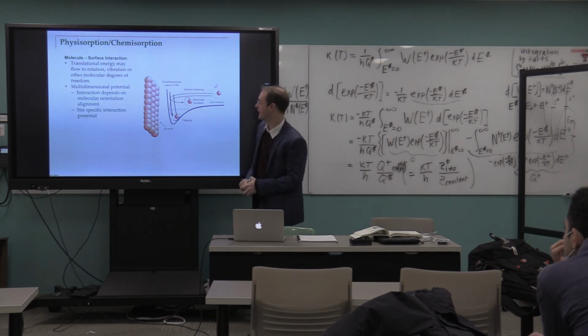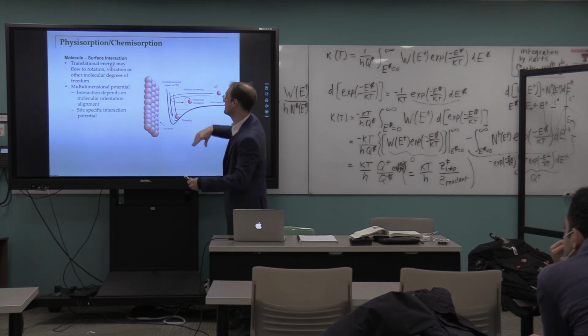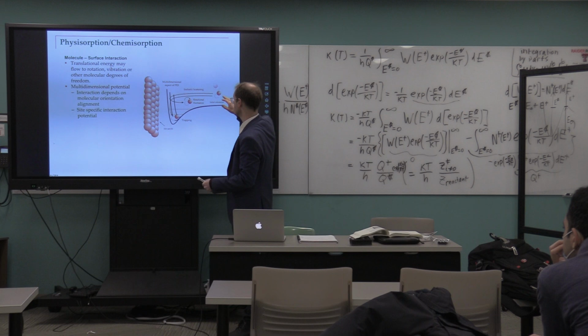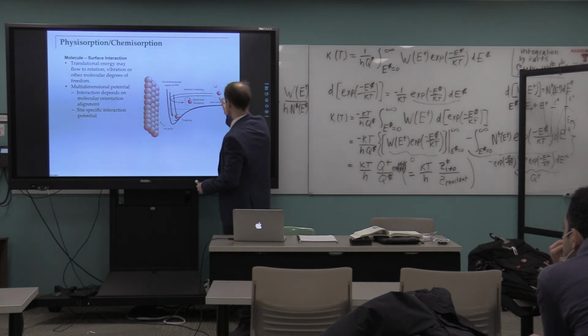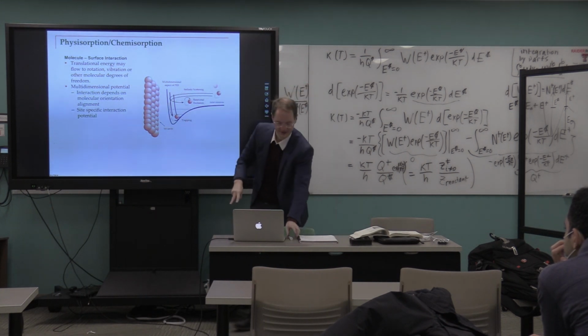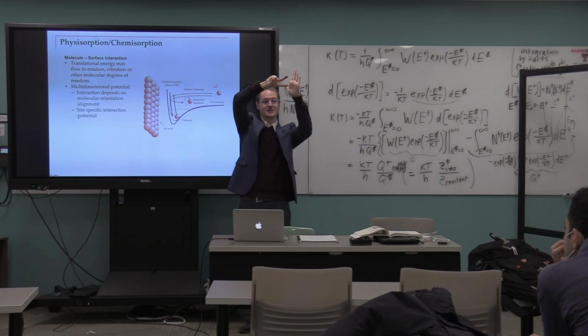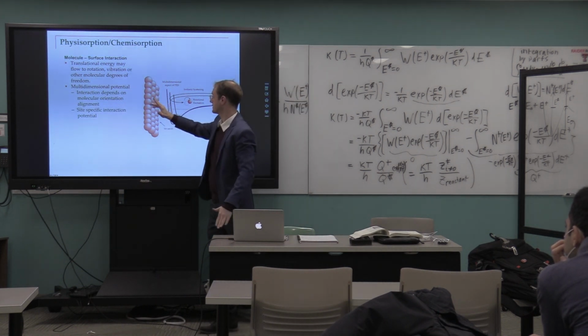Okay, what if you have a molecule? Well, then you have to consider that there's more degrees of freedom. So in addition to just the distance from the surface, you also have the orientation of the molecule, right? If you have a diatomic molecule, it matters whether it's coming in like this or like this, right? And there's also different surface sites where it could land, right?